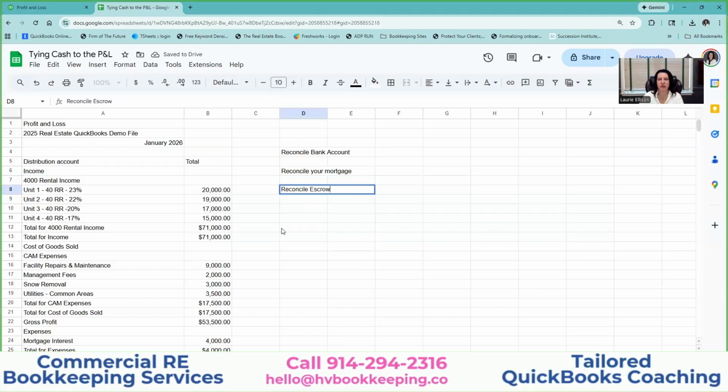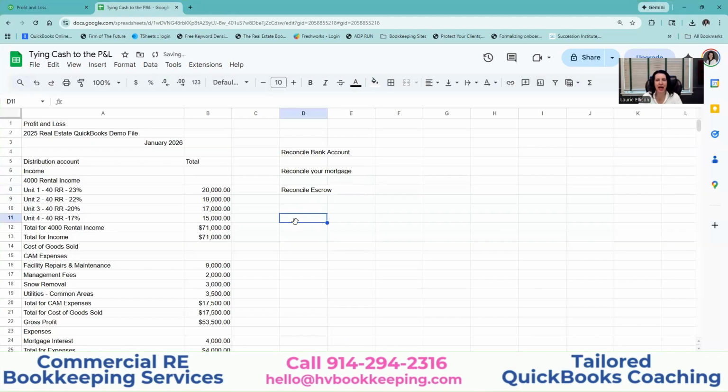These are things you should be doing monthly, but you cannot track cash flow or understand anything going on if you don't have those things reconciled. And when I say reconciled, I mean you're not clicking reconcile with 50 things still unclear, because that's not really reconciling. Everything is tied out. So your principal balance of your mortgage matches your statement from your mortgage company. Make sure they give you your escrow. Some commercial mortgages, it's really hard to find the escrow.